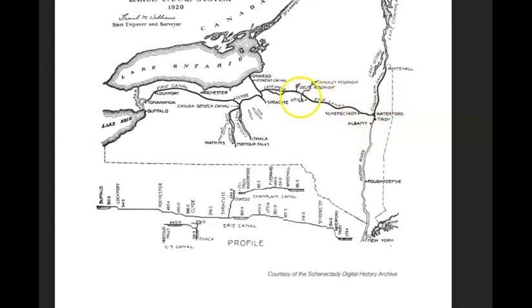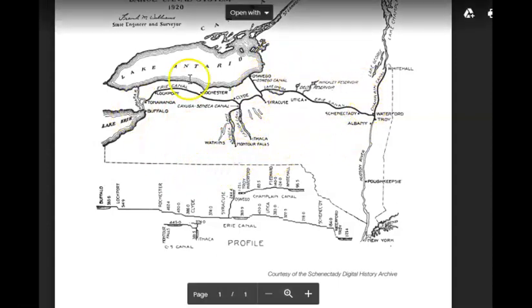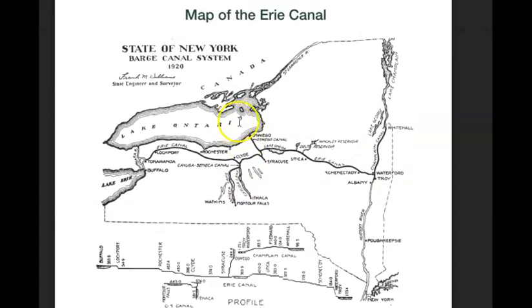And here's a lot of the towns that you'll recognize from our reading in social studies. Schenectady, Troy, Syracuse, Utica, Rochester, Buffalo, Ithaca even. All of these are towns in the state of New York.